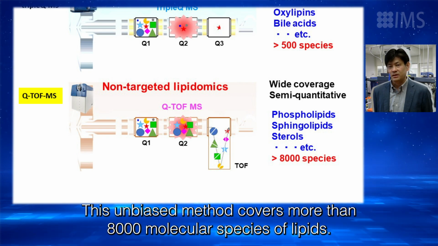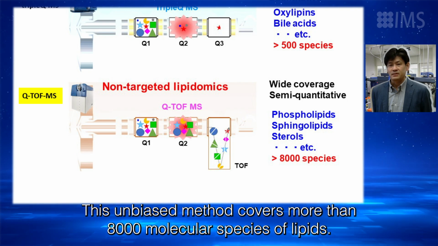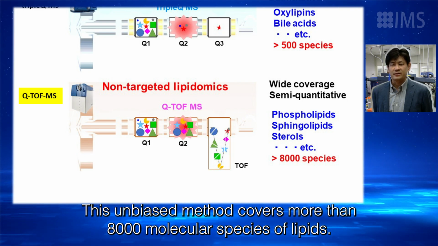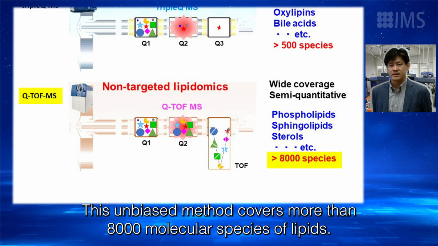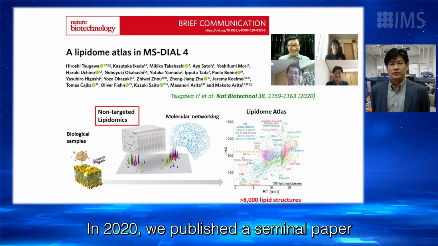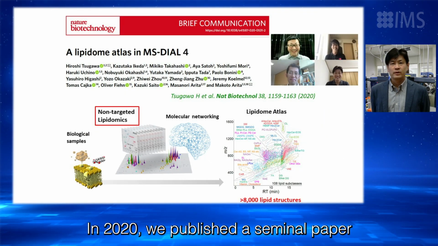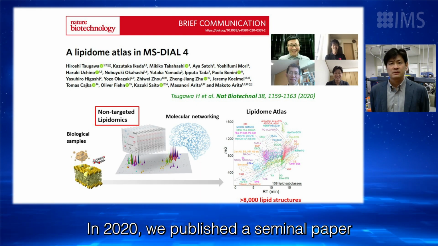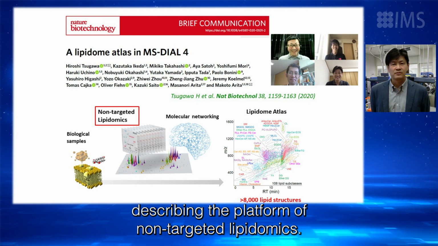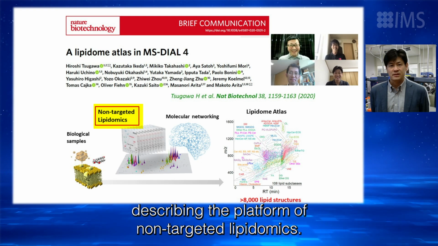This is an unbiased method, and we can cover more than 8,000 molecular species of lipids. In 2020, we published a seminal paper describing a platform for non-targeted lipidomics.